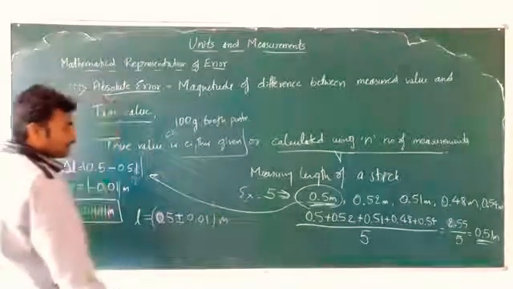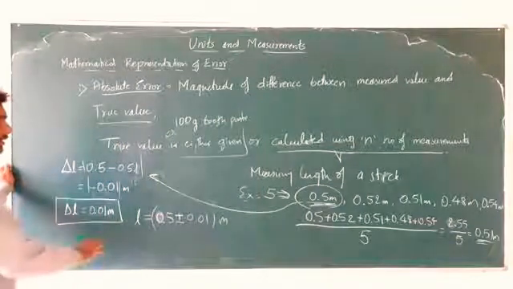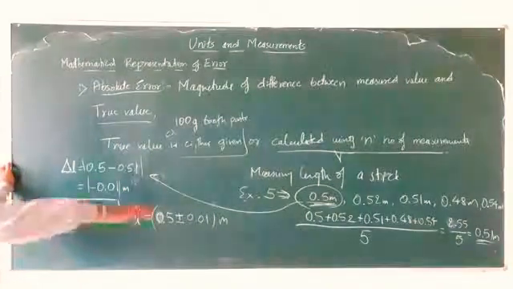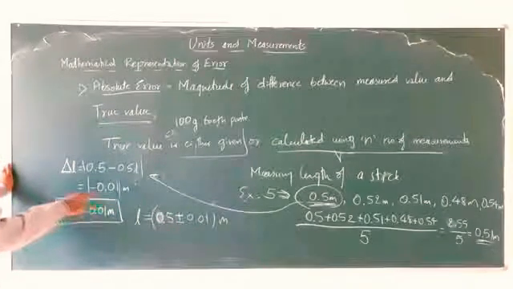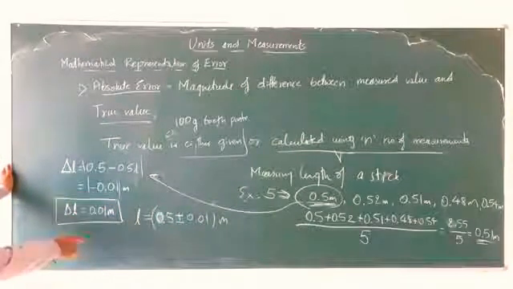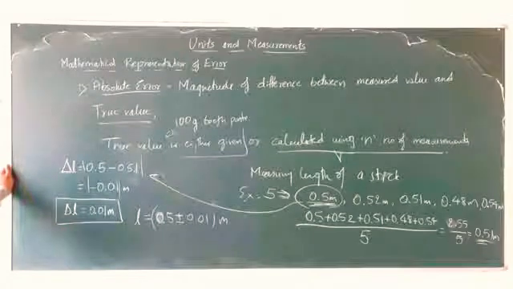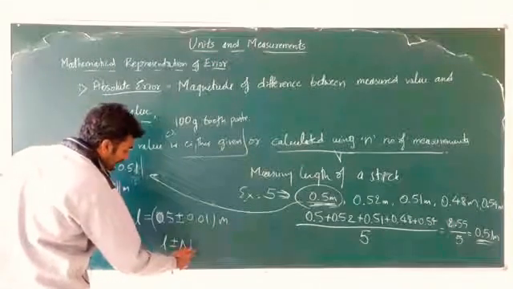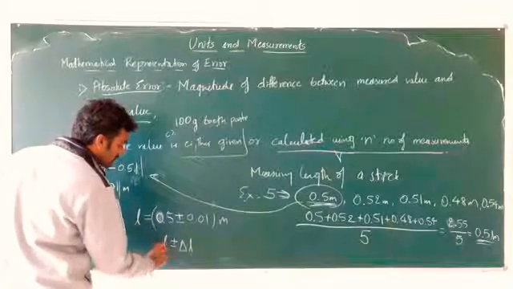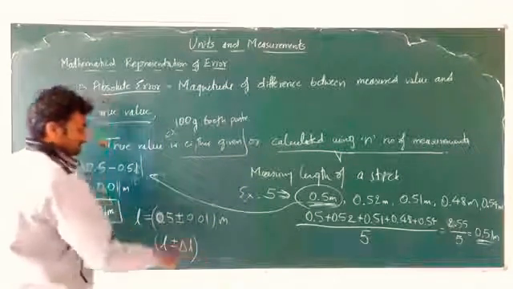This is how we represent the complete answer for the first reading. So for the first reading, we should write the complete reading like this. It's always L plus or minus delta L. This will give us the complete reading.